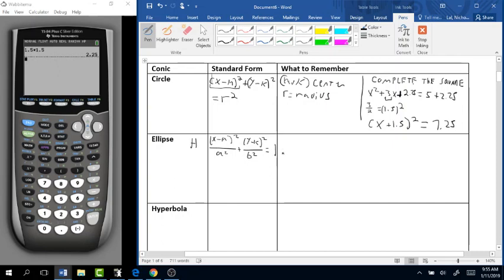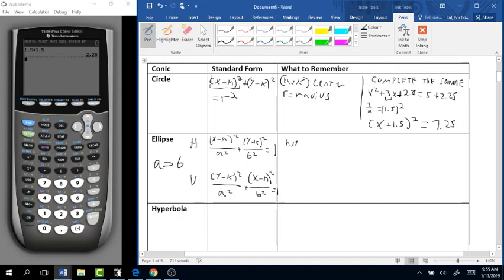And if you have a vertical ellipse, your standard form will be (y − k)²/a² + (x − h)²/b² = 1. As a reminder, a is greater than b, so the larger denominator determines what type of ellipse it is. If the larger denominator is under the x term, it's a horizontal ellipse. If the larger denominator is under the y term, it's a vertical ellipse.